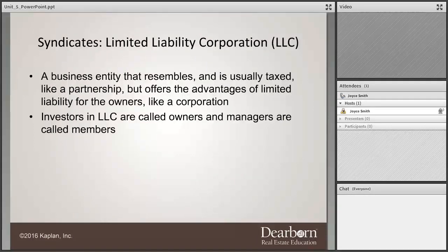Limited liability corps, a business entity that resembles and is usually taxed like a partnership, but offers the advantages of limited liability for the owners like a corporation. Investors in the LLC are called members, and managers are called managers. The LLC is the type of thing we tell investors to do to organize their ownership interest through an LLC so that their private other investments aren't liable for something that might happen.